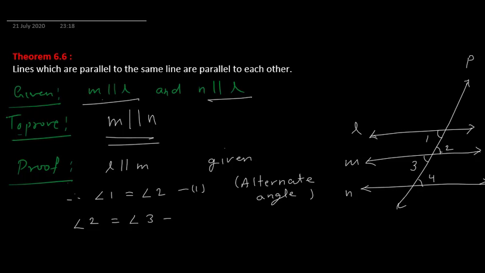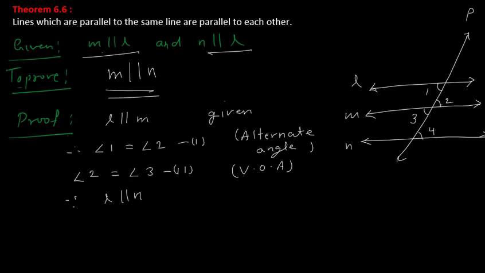What is the reason here? They are vertically opposite angles. So angle 2 and angle 3 are equal. And last, angle 1 and angle 4. Since line L is parallel to N, I will say that angle 1 is equals to angle 4. See, angle 1 and angle 4, they are alternate angles. So this is my third equation. They are alternate angles.